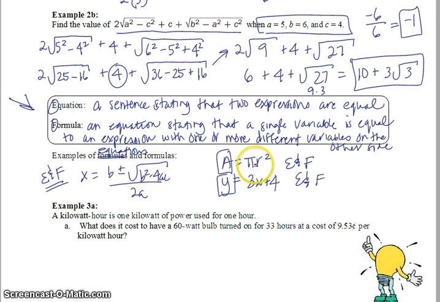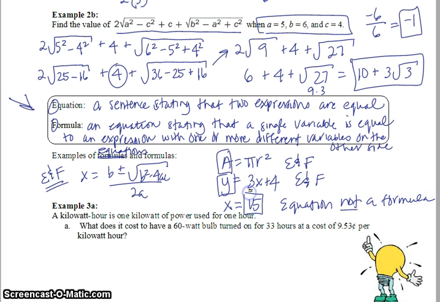So the a equals something on the other side that has a different variable other than a in it. That's what makes it a formula. X equals 15, however, is an equation, but it is not a formula because it does not have any variables on one side. It only has a variable on one side of the equation, but not both.